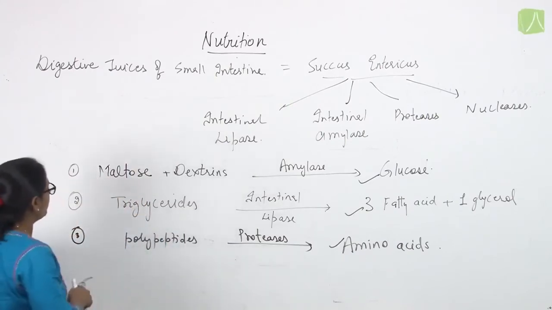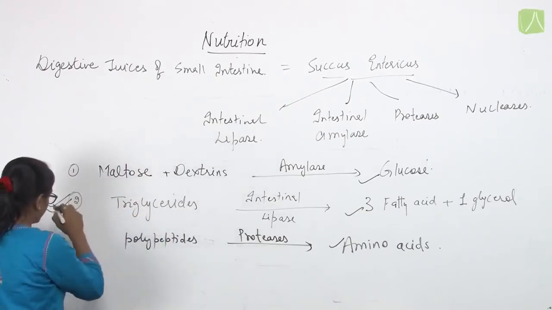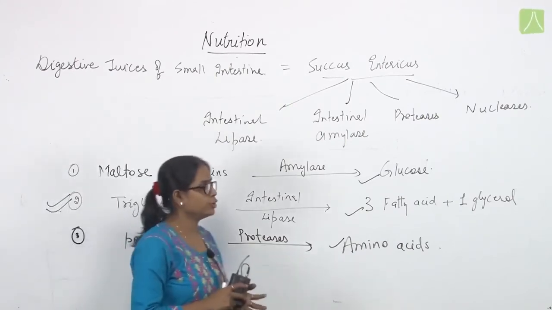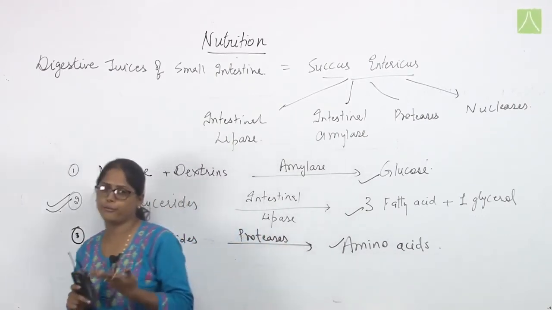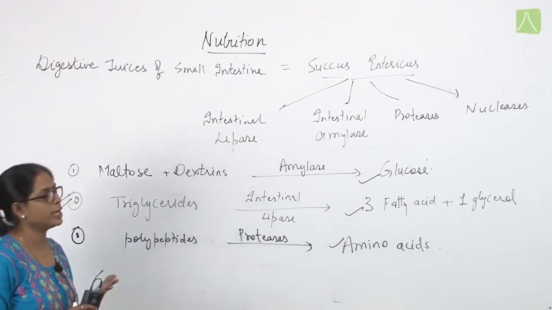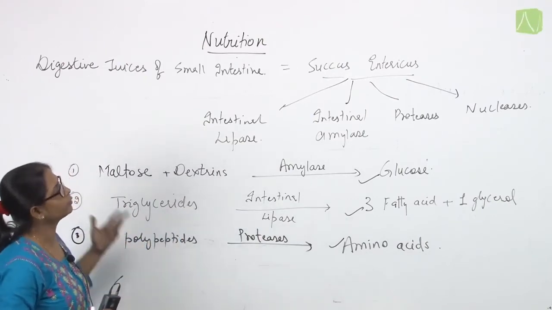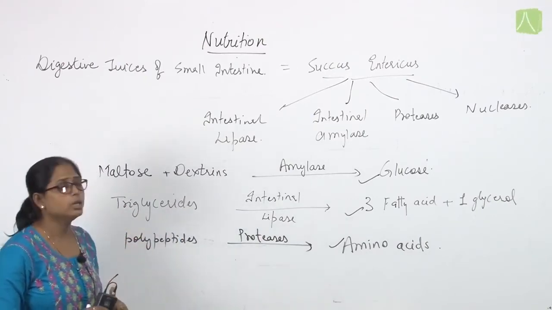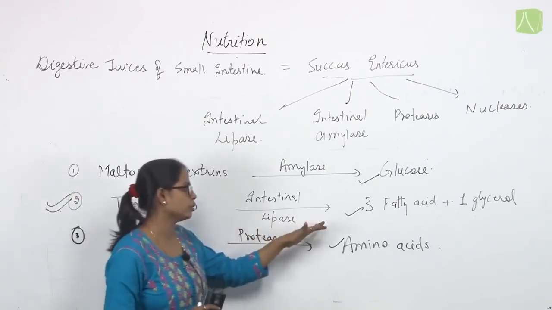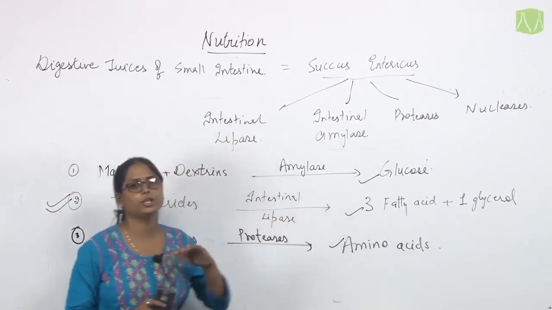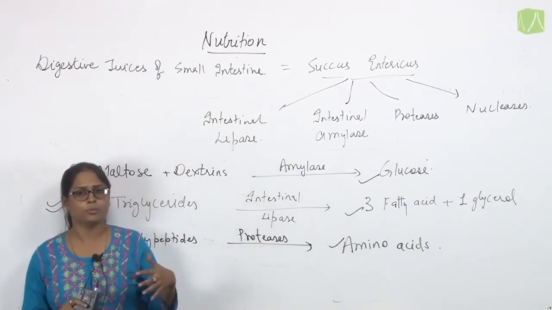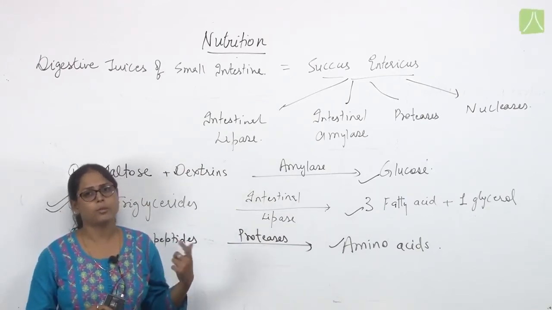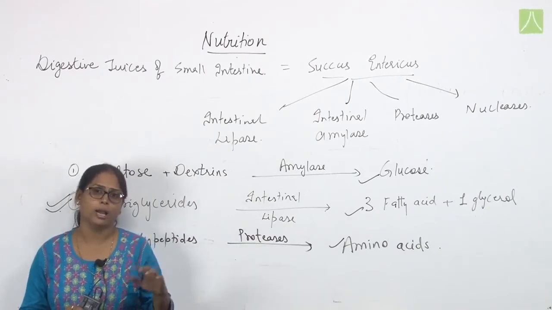Now the main important thing about fat is that fat digestion needs the emulsification process, that is an extra effort which is not required for the digestion of carbohydrate or protein. This emulsification needs to be done by the action of bile salts which come from the bile juice, and the bile juice is actually prepared at the liver.